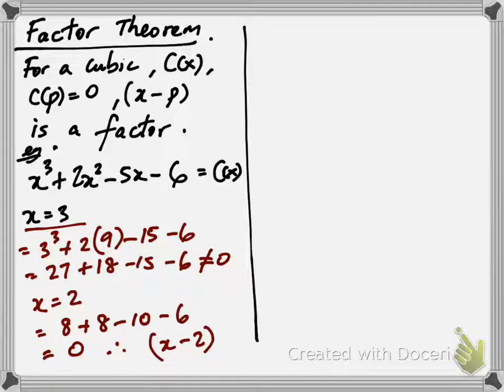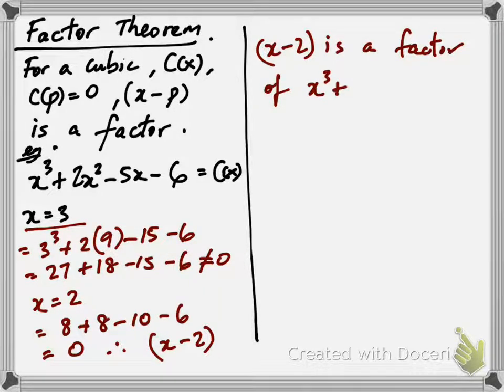Great. So you can say that x minus 2 is a factor of x cubed plus 2x squared minus 5x minus 6. There you go. That's pretty much the factor theorem.